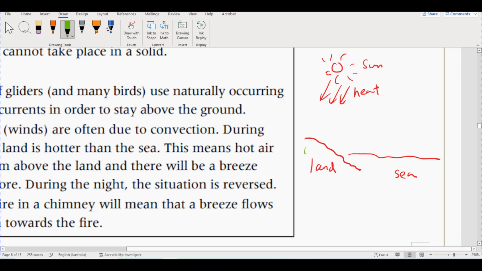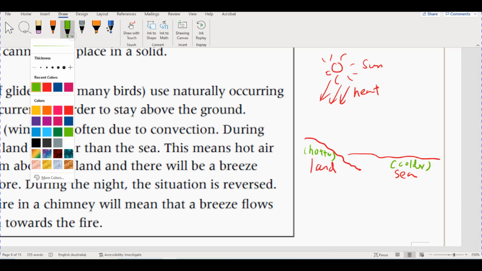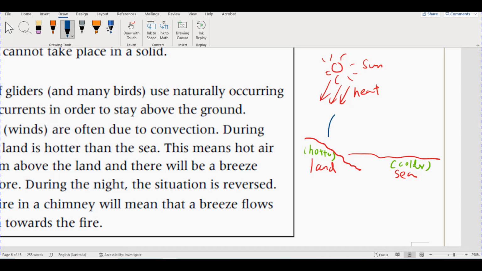So this part is much hotter, and this part is much colder. In the hotter parts, the air molecules tend to rise, so it's hot air.